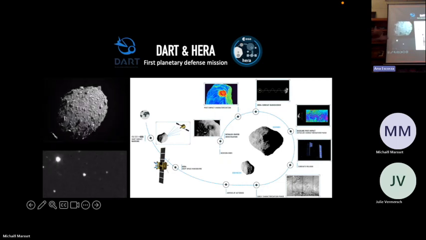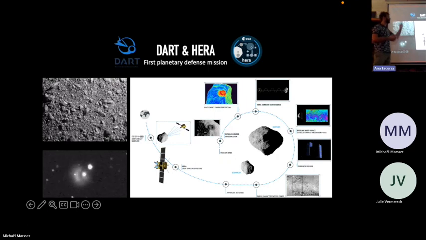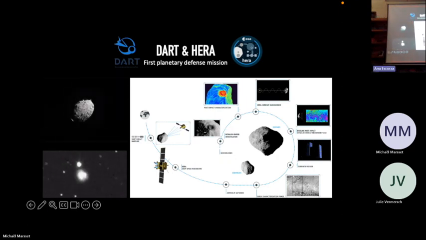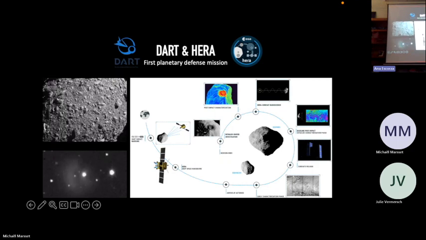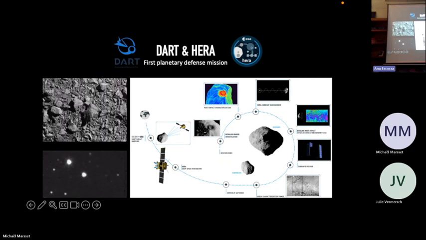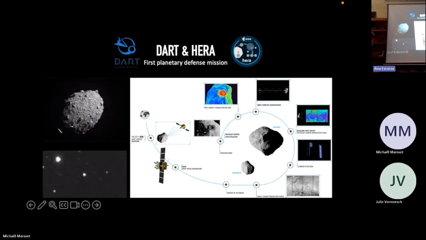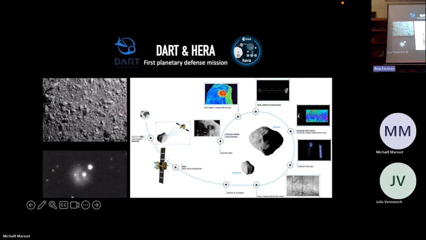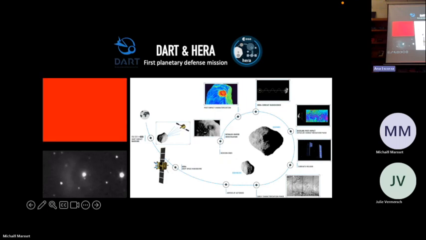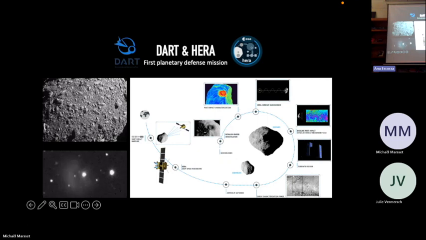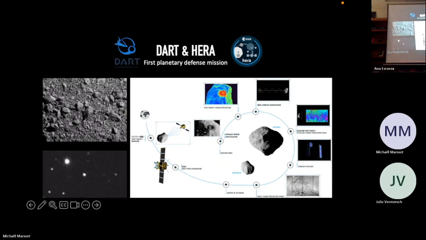But what you may not know is that ESA is preparing a follow-up mission going back to Dimorphos, studying the orbital dynamics of the binary, and doing a complete geological mapping of the moon, especially the impact zone. We will see fresh material, material that was not exposed to space weathering for a long time.